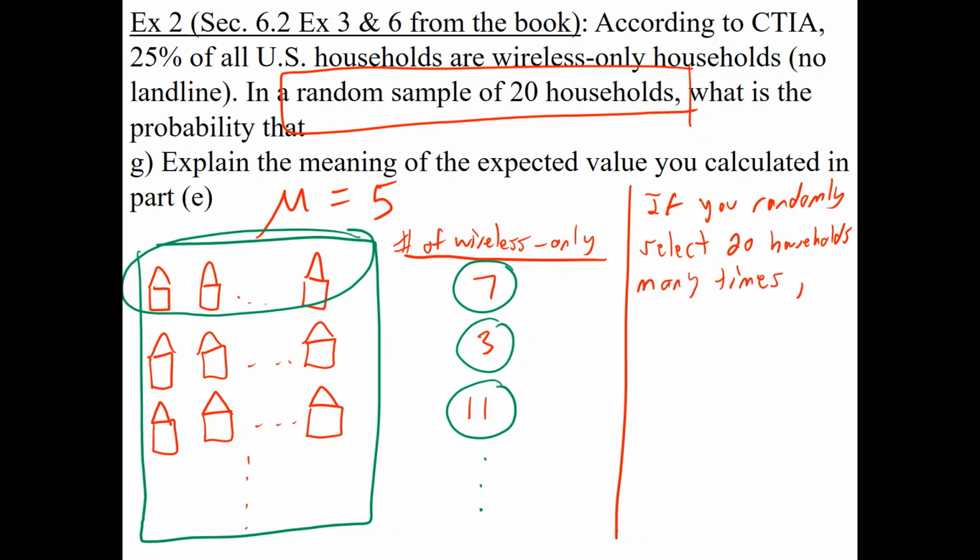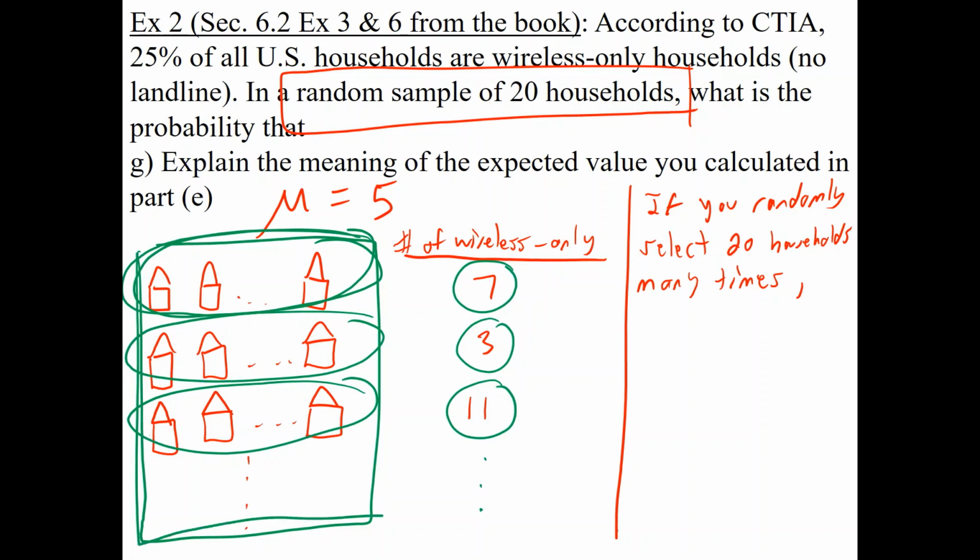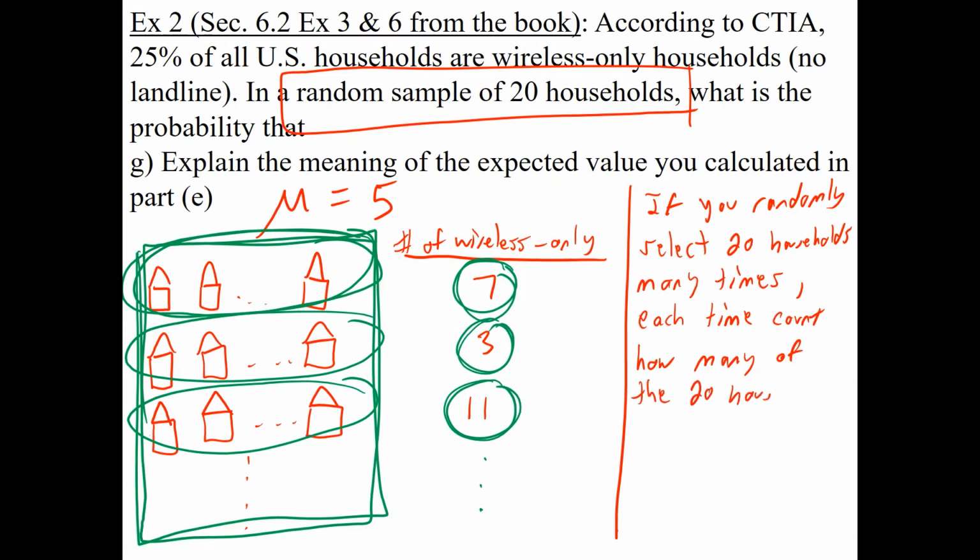Okay, so before I finish, we select 20 households, then we select another 20 households, and another 20 households, and we do it many times. Then we want to count how many are wireless only in each group of 20. So now I'm going to write down: each time you select 20 households, count how many of the 20 households are wireless only.